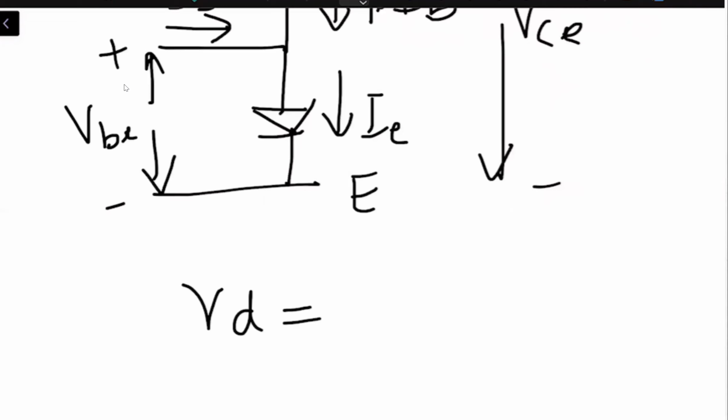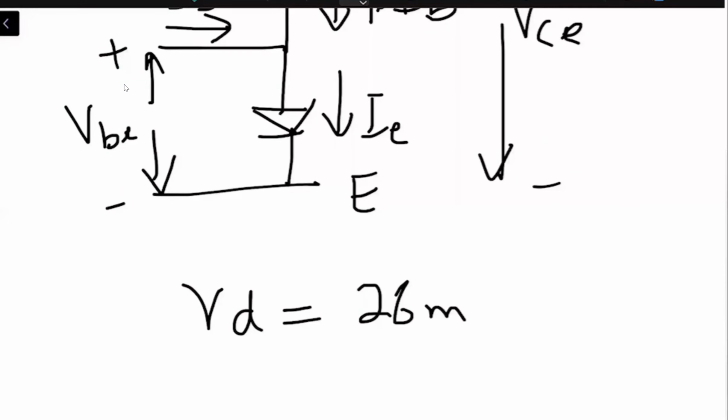If you go back to chapter number 1, RD is represented by the equation RD equals 26 millivolts divided by the current flowing in the diode. This is the equation provided in the book.